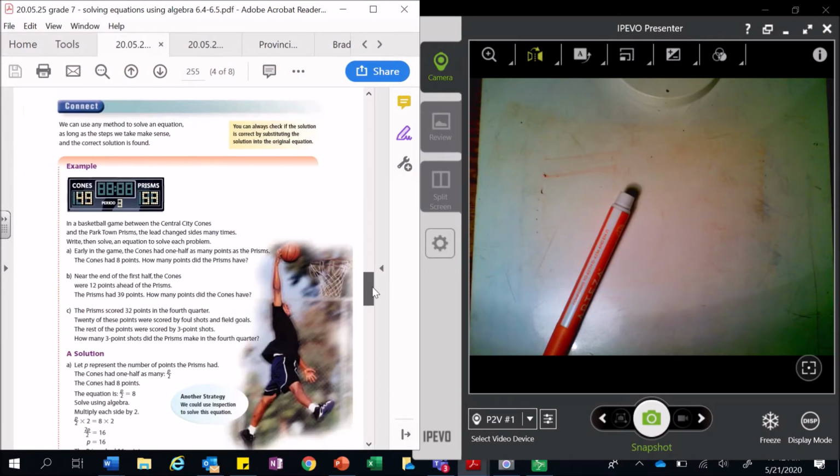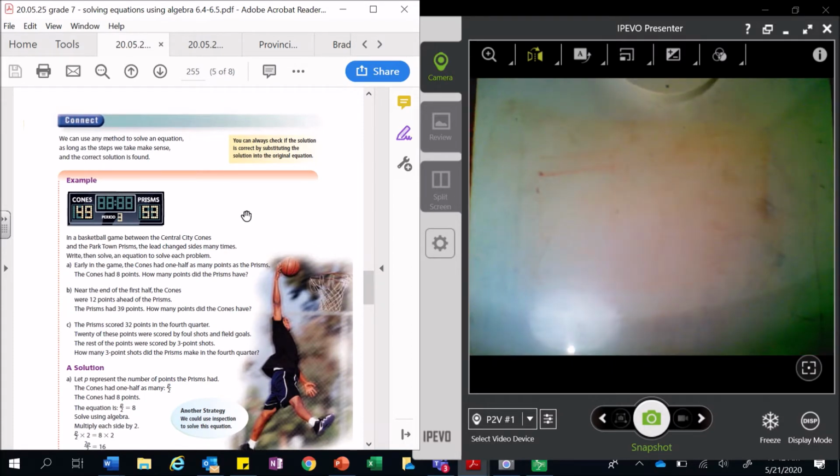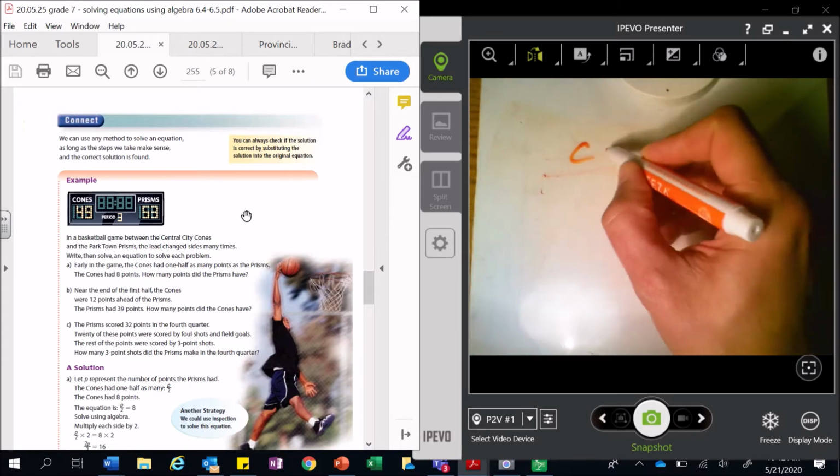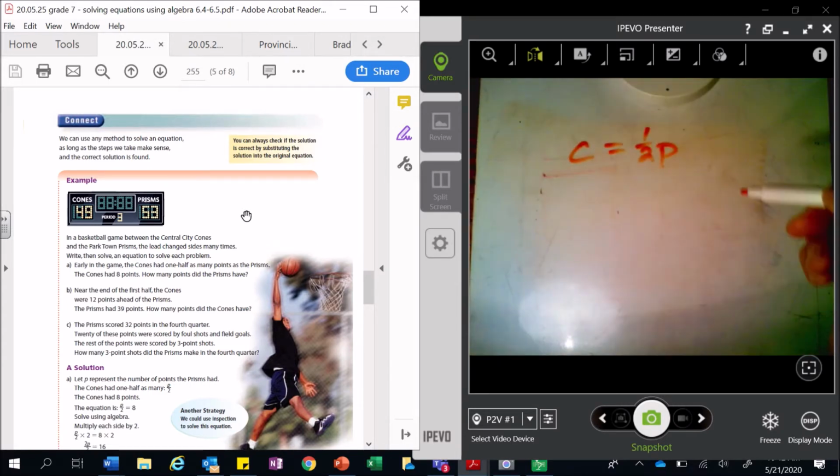Let's take a look at some of the other examples. In a basketball game between the Central City Cones and Park Town Prisms, the lead changed sides many times. Write then solve an equation to solve each problem. Early in the game, the Cones had half as many points as the Prisms. Okay, so the Cones had half as many points as the Prisms.